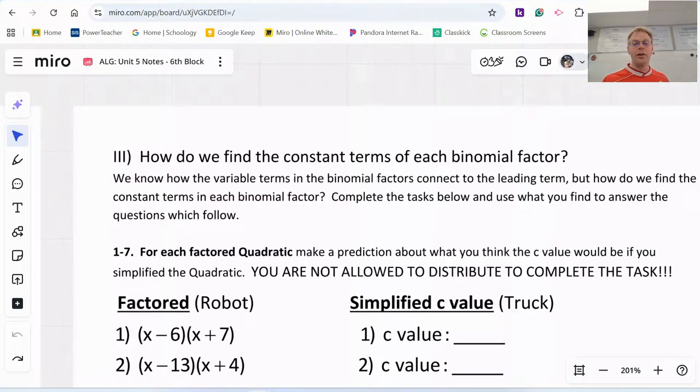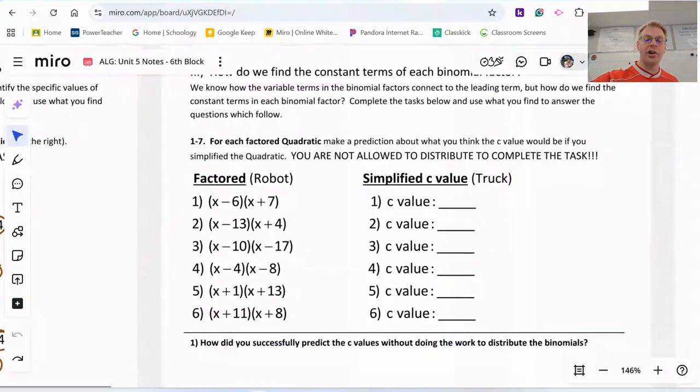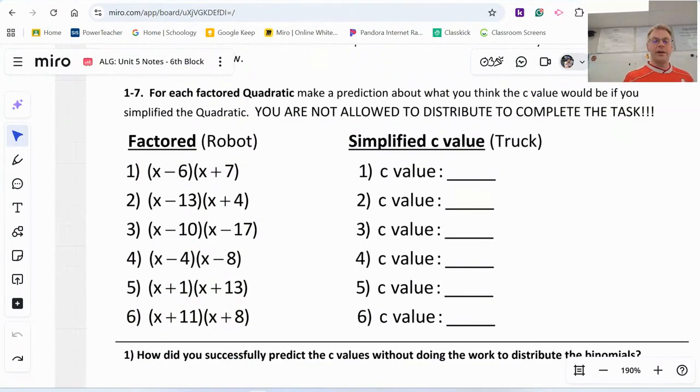If it's a binomial, it does no good to only know one of the 2 terms in a binomial. We got to know both of them. All right, so here's what I want you to do. I'm going to pause the video in a second, and I just want you to look at the factored robots. These are factored quadratic robots over here, and these are simplified C-value blanks. So notice it's not the whole quadratic trinomial, but just the last term, the C-value.